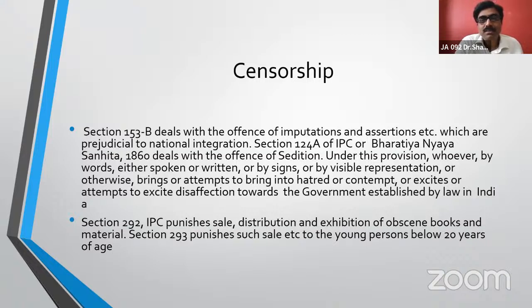This section was brought into force to put Indians behind bars, to arrest Indians. So this is considered the Sedition Act, even though sometimes it has been misused. There is an allegation that it is very often misused.